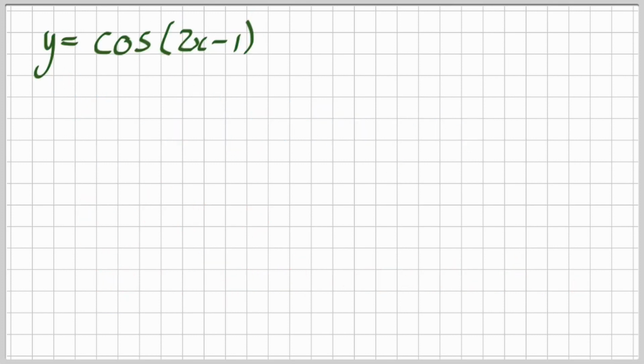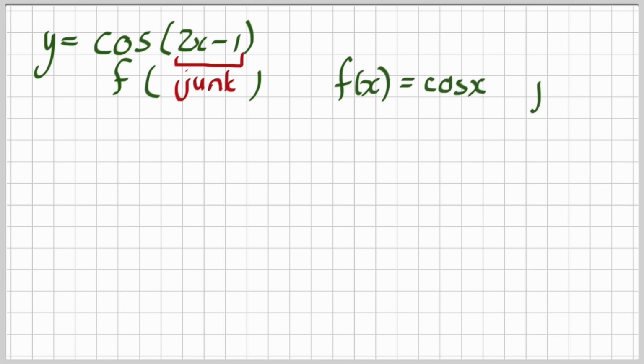So let's have a look at a function like y equal to cos of 2x minus 1. What is f and what is junk? Well, it's easy to see that the 2x minus 1 is the junk, and then I've got f of junk. So in other words, f of x is equal to cos of x.